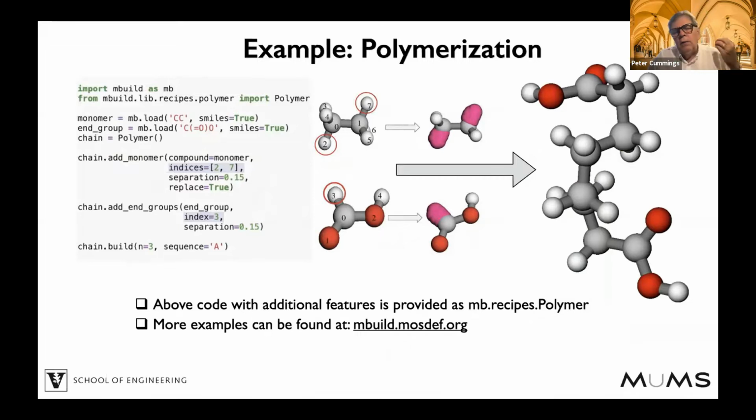I really don't have time to go into the details of this, but you can find information at the mBuild part of mosdef.org. What this enables you to do is build up a complex polymer molecule from its components, from the monomers and the end groups.